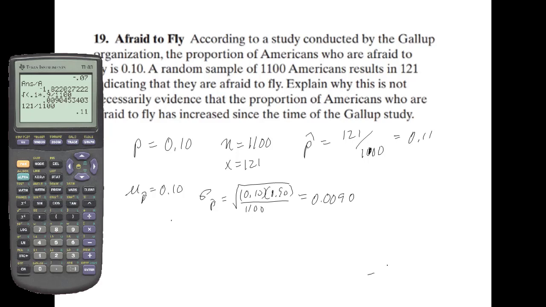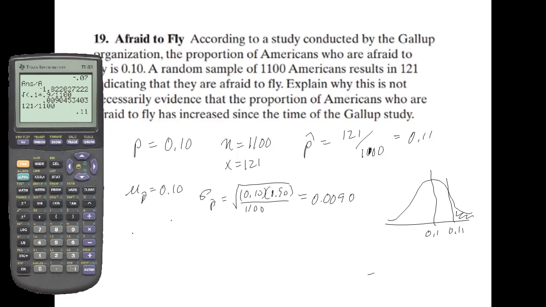So now I have this beautiful distribution. I got 0.1, and I'm looking for 0.11. Now, let's go find, is it unusual? So what's this area here?